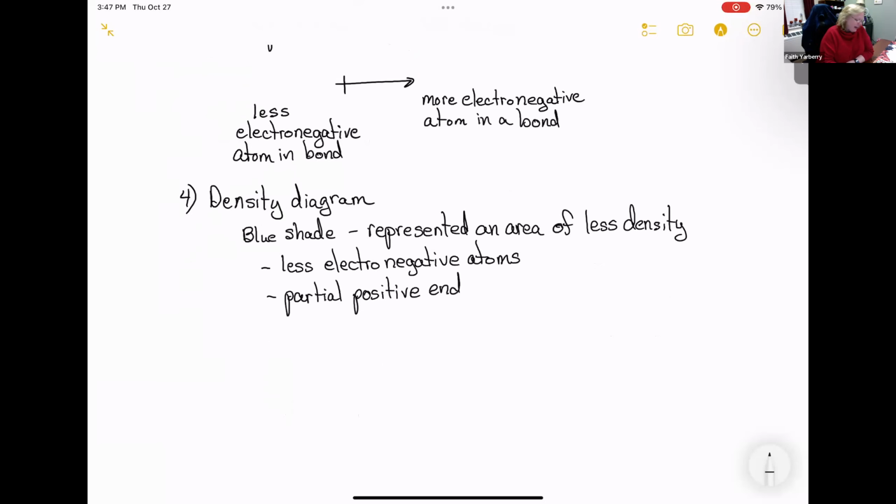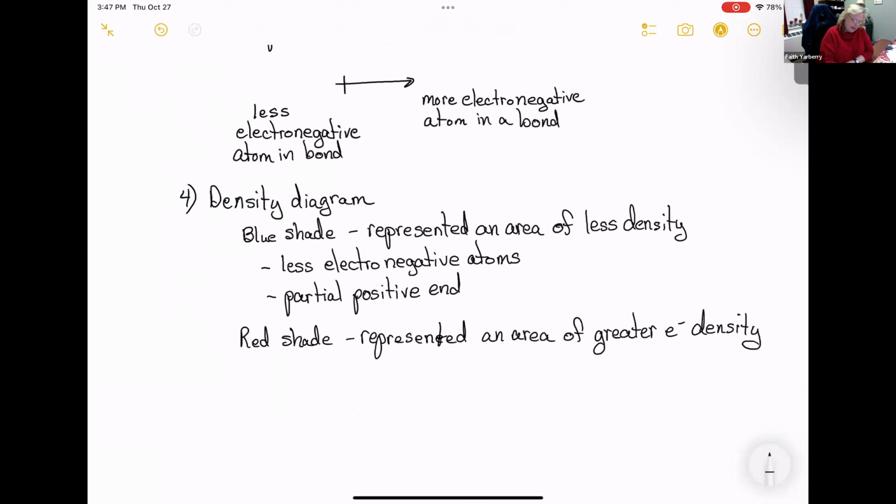The other thing we had is a red shade. And it represented an area of greater electron density. That red area is typically the result of a more electronegative atom.